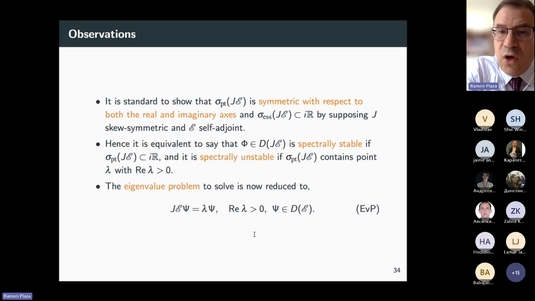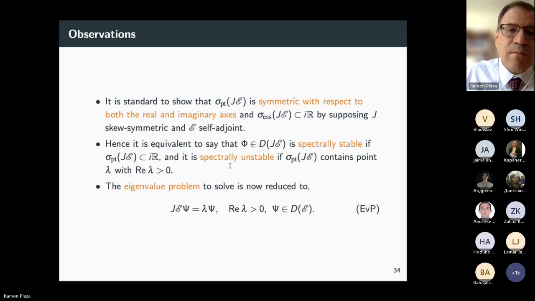It is standard to show that the point spectrum is symmetric with respect to both the real and imaginary axis, and the essential spectrum is contained in the imaginary axis. So to prove that something is spectrally stable is equivalent to prove that the point spectrum of J times E belongs to the imaginary axis, and to prove that some structure is spectrally unstable is equivalent to prove that the point spectrum contains some eigenvalue with a positive real part.